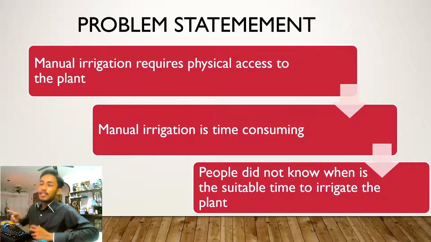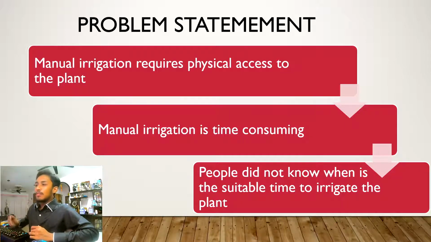Next, manual irrigation is time consuming. If you have about 10 to 20 plants at home, it takes about 10 to 15 minutes to water them one by one. If you are a little bit busy that day, then you are not able to water the plant due to the time consumed.